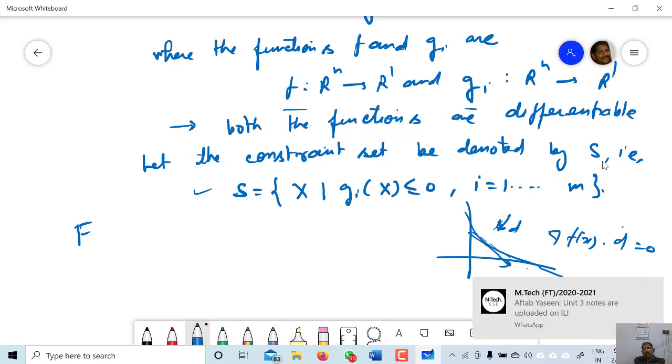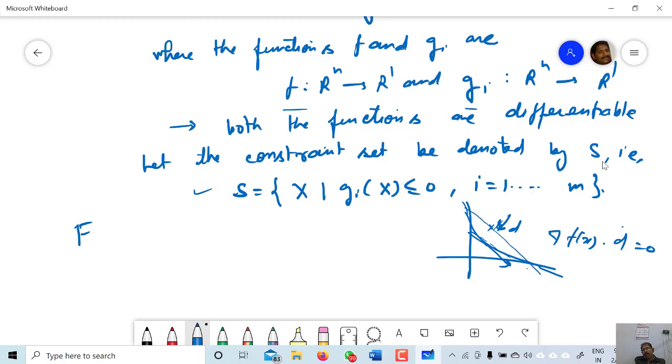So the direction of d will be reaching a point where we can get the optimum value. Okay. Suppose we are at this point at this instant of time. Okay. So this will be a line. So when we move toward this direction, then this line will be coming toward this one.